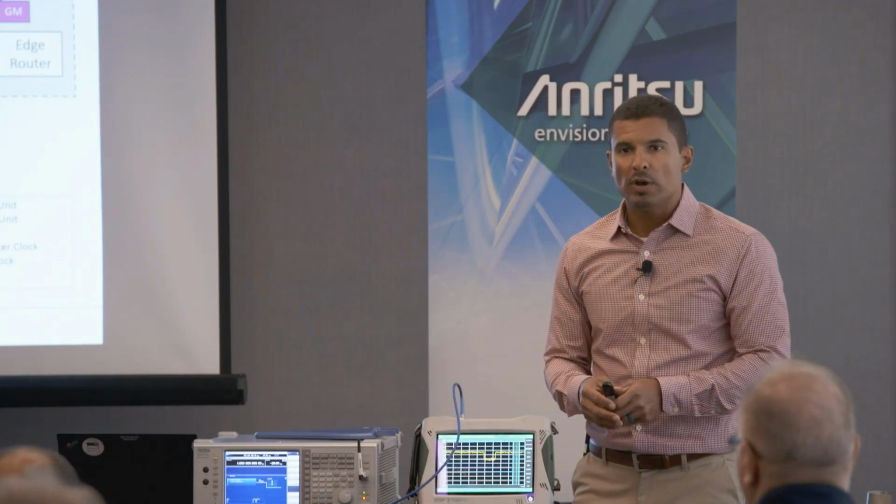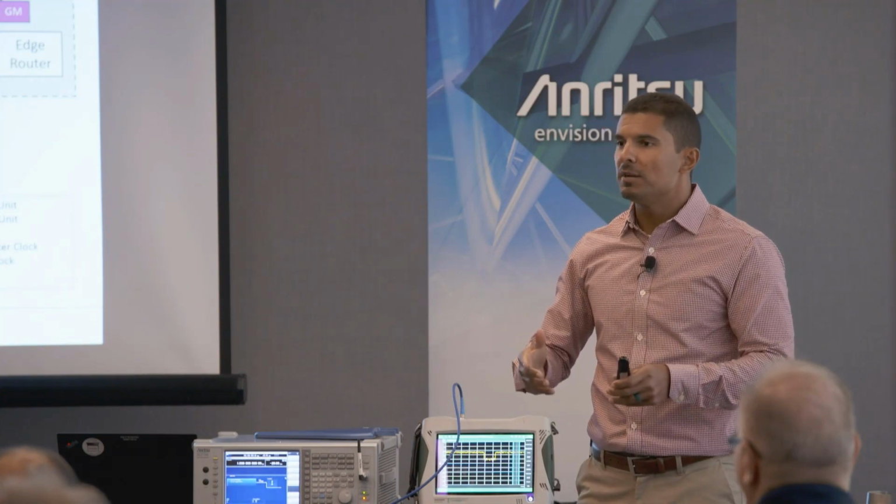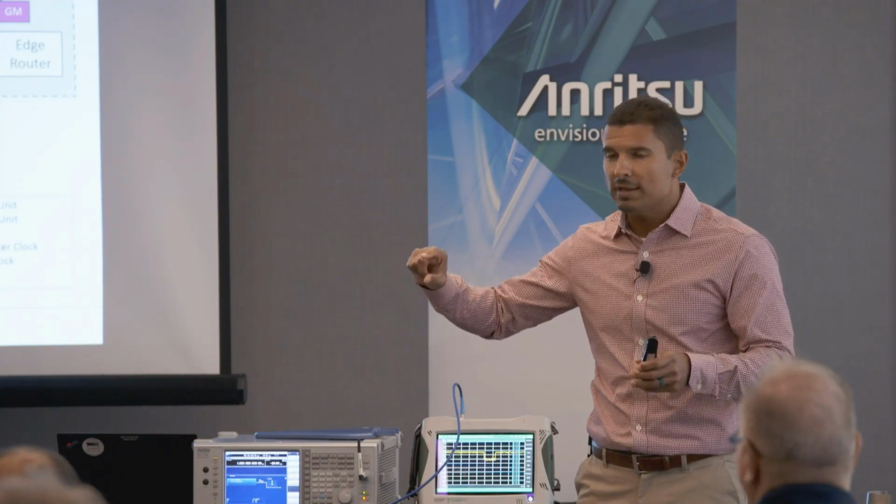Timing error works the same way, although not as much fun. Every time the timing, although it's being retimed, and here's how small of an error we're looking at. Every time a PTP packet enters, let's say the router is taking that packet, stripping off the timing, sending that to its clock, comparing that clock, sending it back to a packet, and then sending that packet out.